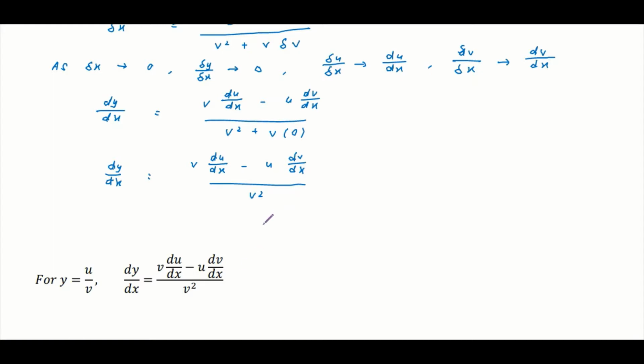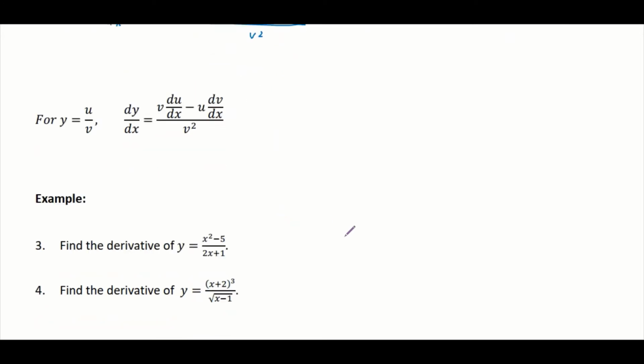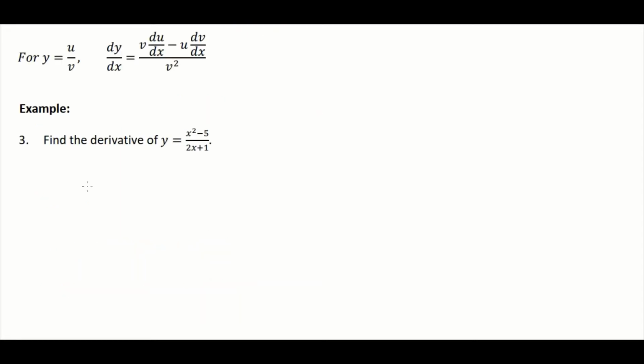Same thing like the product rule, we are going to do only 2 examples. After that, you are free to continue your exercise. Okay, so let's try to do the first question by doing it step by step. Actually for this question, you have 2 choices. If you do not want to use the quotient rule, you can always change it into y equals x squared minus 5 times 2x plus 1 to the power of -1, then you can just use y equals uv to do that.